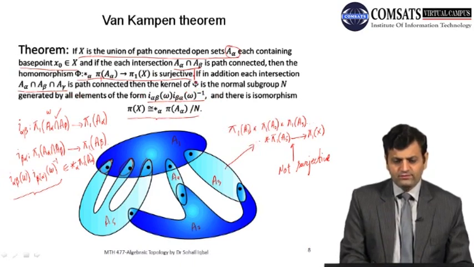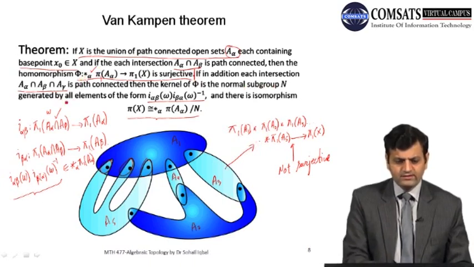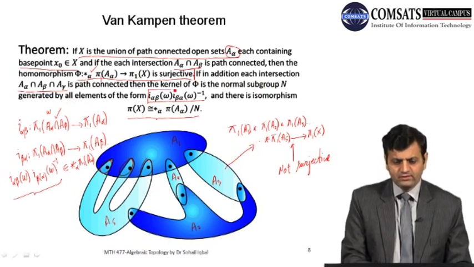So the kernel of this phi. Let's go again and see. The kernel of this phi is the normal subgroup N generated by all elements of this form, each and every element of this form, and there is the following isomorphism.